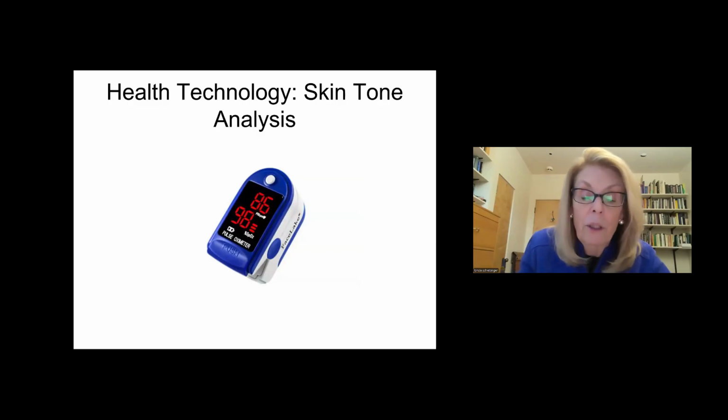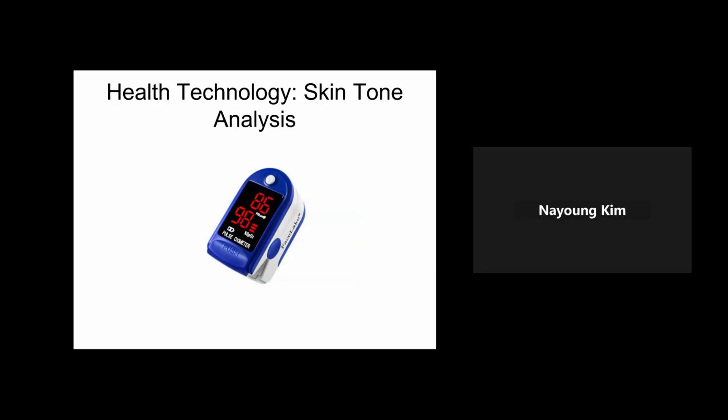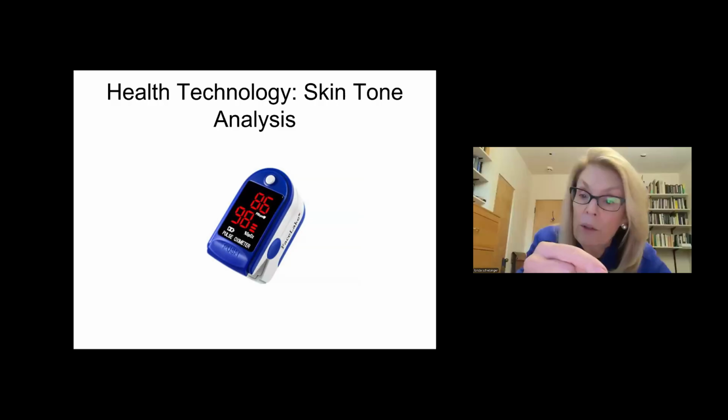My final single issue approach is looking at skin tone analysis, what we might call race. In health technology, pulse oximeters don't work for people with darker skin. We learned this during the pandemic. Why is that? It's because the near infrared technology confuses melanin in the skin, or the color in the skin, with oxygen in the blood.